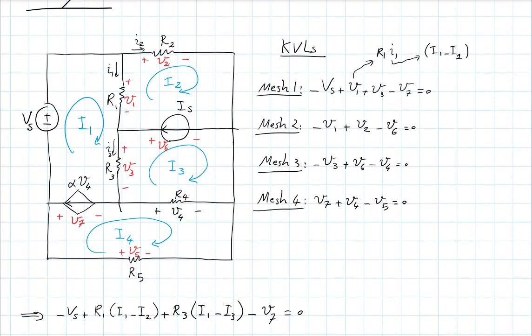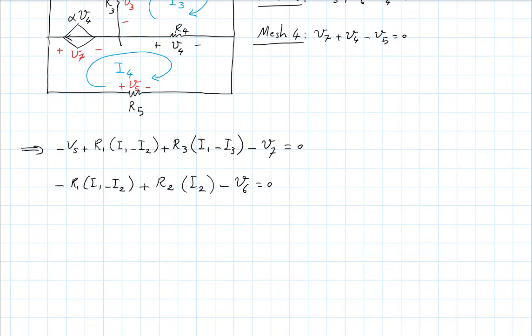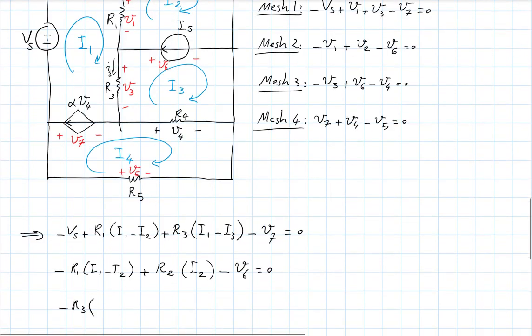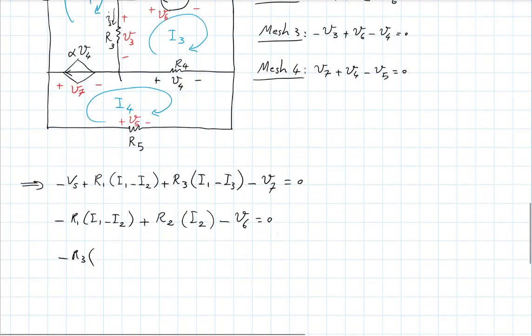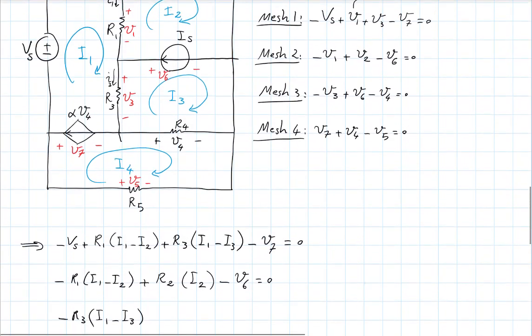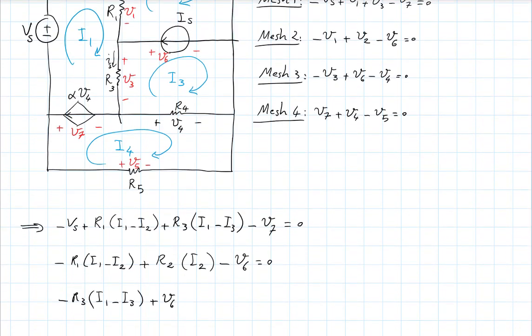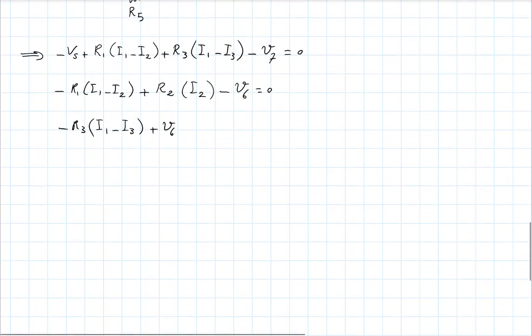The third mesh gives me minus V3, which is minus R3 times big I1 minus big I3, plus V6, which, as we just saw, we just have to keep there, minus V4.